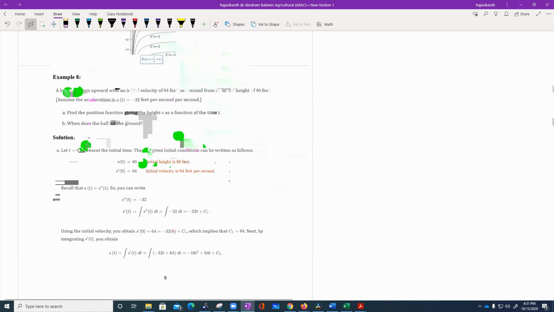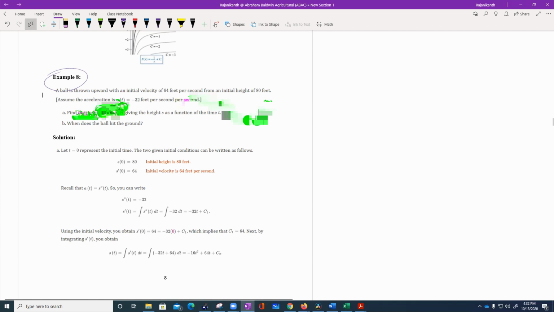On this particular application of integration, this is the real life problem we use. Look at example 8. A ball is thrown upward with an initial velocity of 64 feet per second from an initial height of 80 feet. Assume that the acceleration is given as a function of time t, which is a constant function, negative 32.